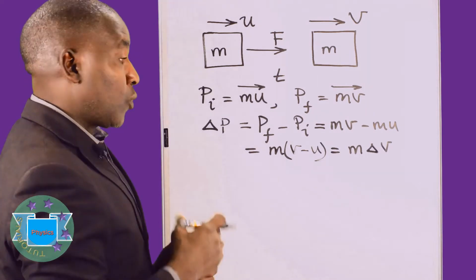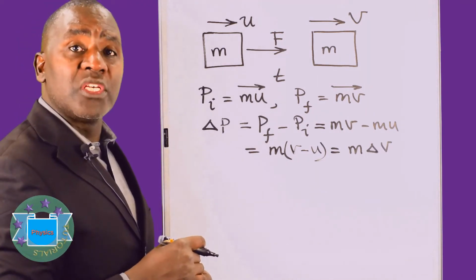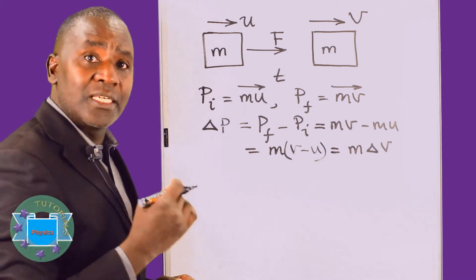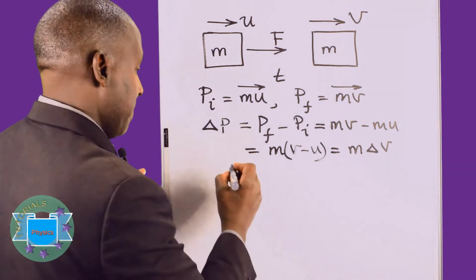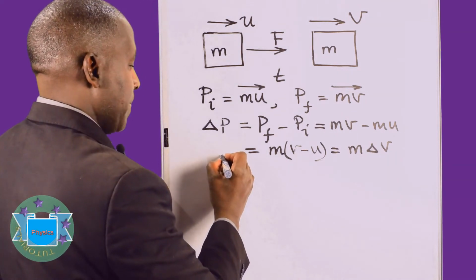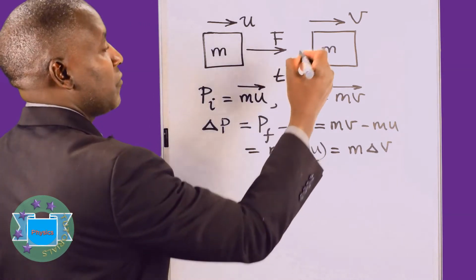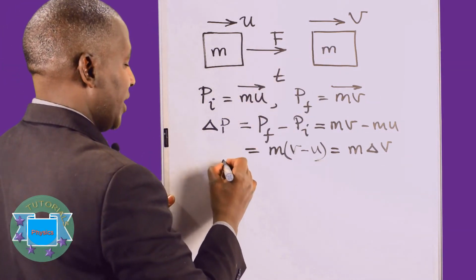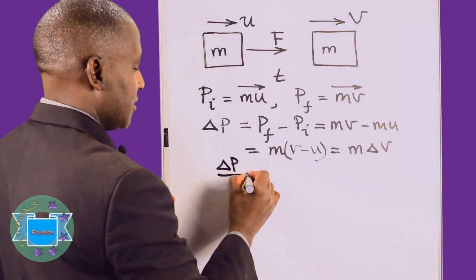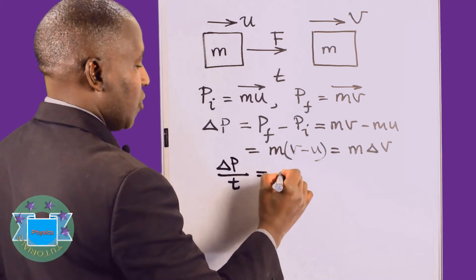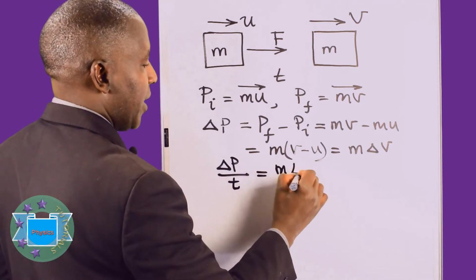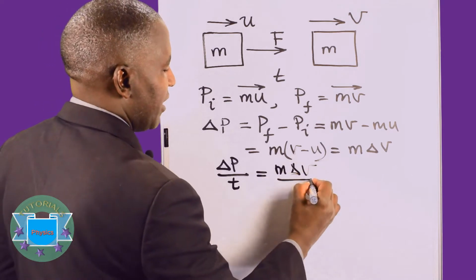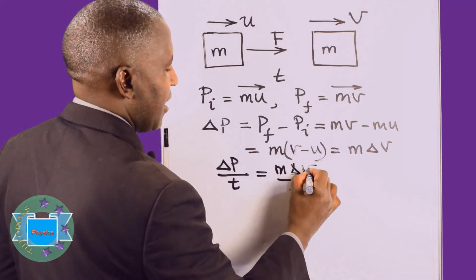Now, at what rate is this momentum changing? The rate of change of this momentum will be delta p divided by t, which will be equal to m delta v divided by t.